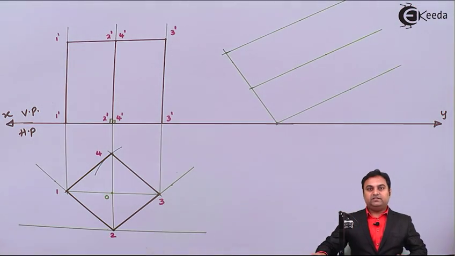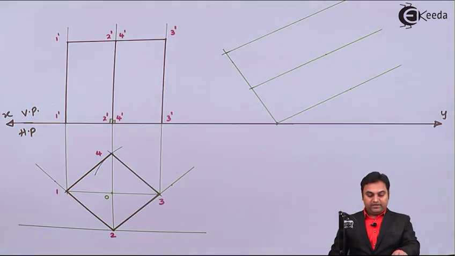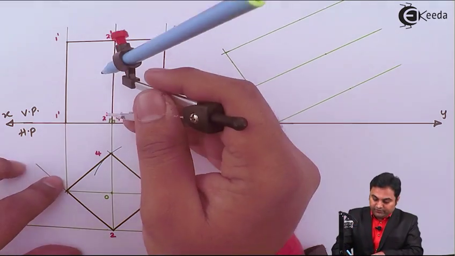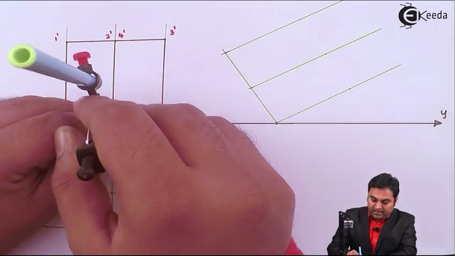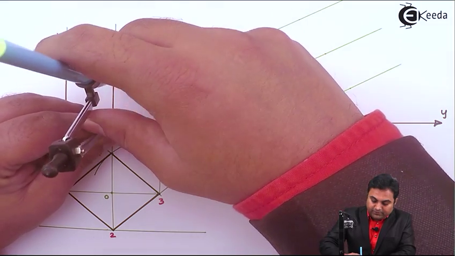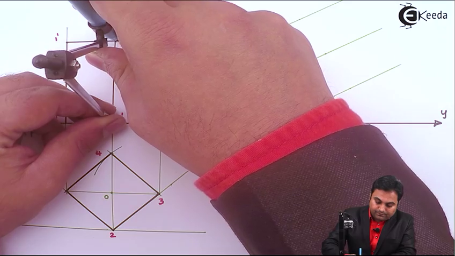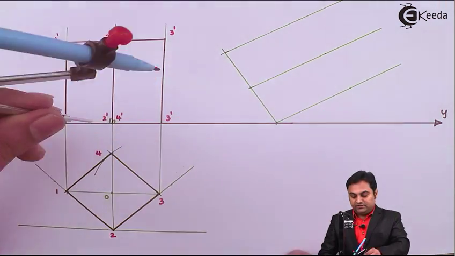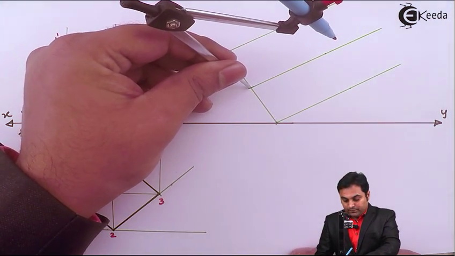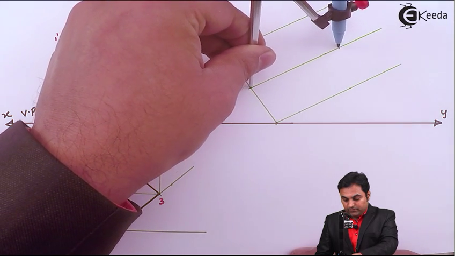So projecting the light lines, and next I'll be marking the height, which is the height of the axis, and it is same as the entire height of the prism, which is 60 mm. So keeping this distance and marking it onto here.